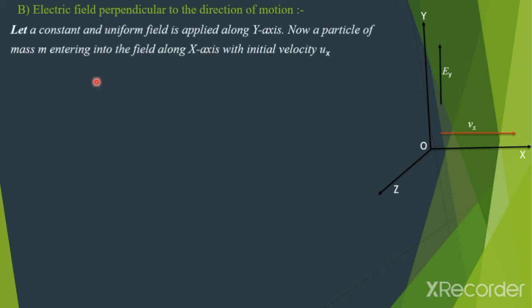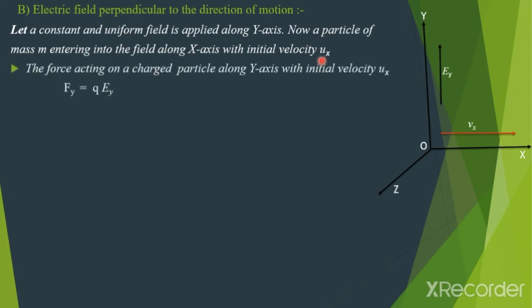Friends, let a constant and uniform field be applied along the y-axis. Now a particle of mass m enters the field along the x-axis with initial velocity ux. Vx is taken as the general velocity, and ux is the initial velocity.